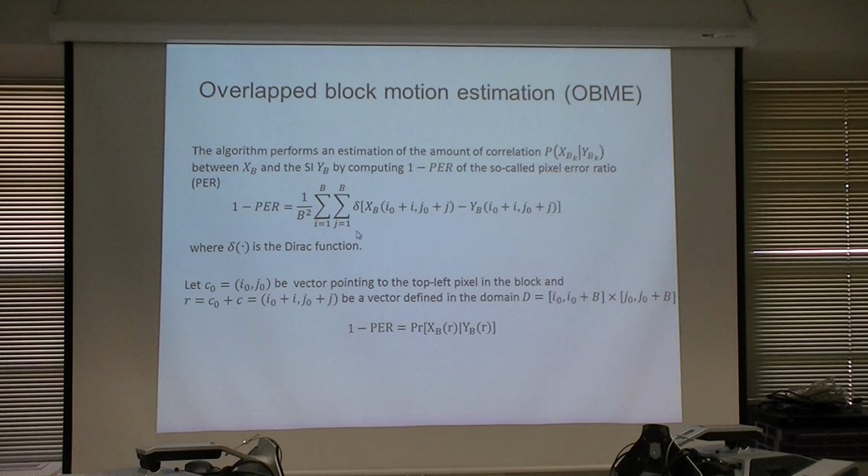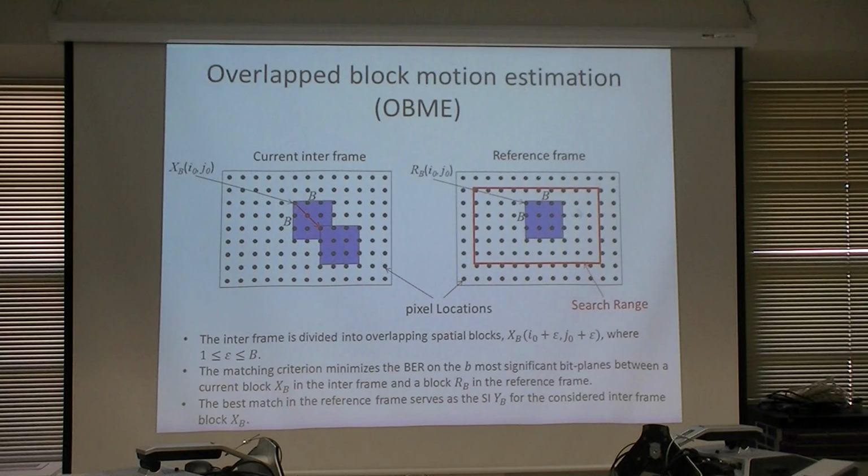Excuse me, the YB is that block you said? YB is a block in the reference frame. It's the match block found in the reference frame. It should be shifted already, right? Yeah, it should be other blocks. What is the usage of the block in the current interframe?